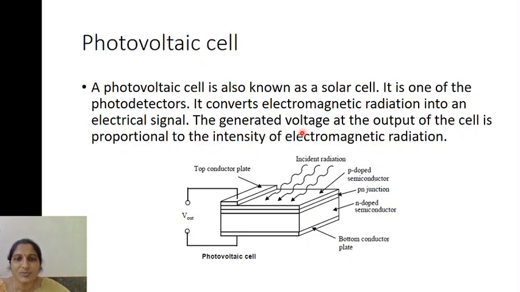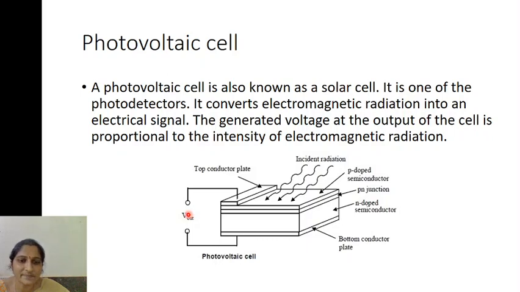The generated output voltage at the output of the cell is proportional to the intensity of the electromagnetic radiation. How much light energy it absorbs is proportional to the output voltage. If more light falls on the solar cell, you get more output voltage.